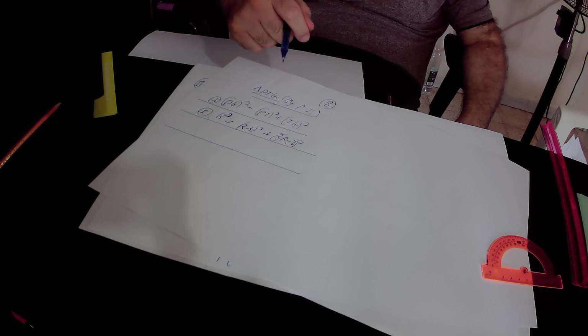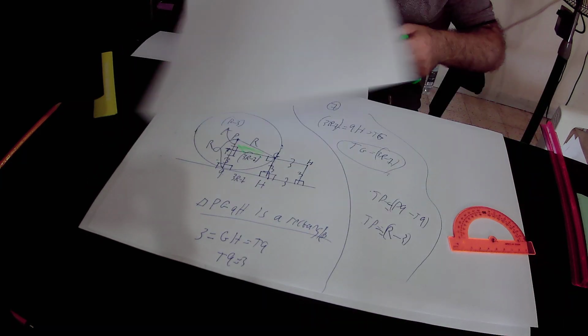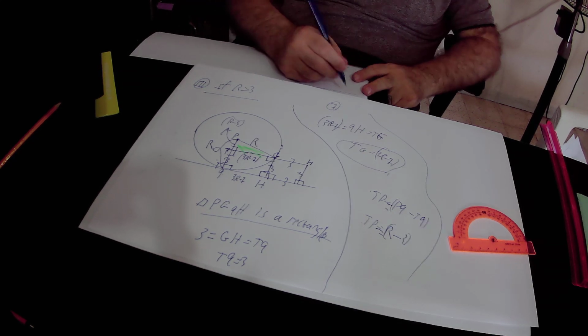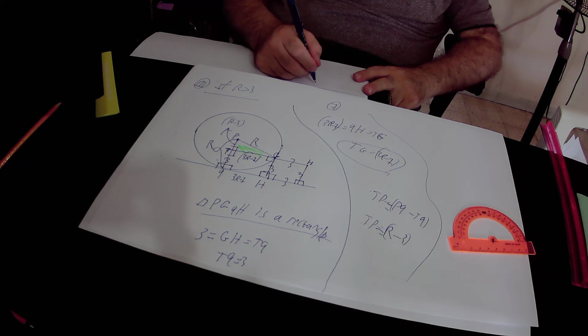We'll open the brackets on this side of equation number 1. R square is equal to R minus 3 square.